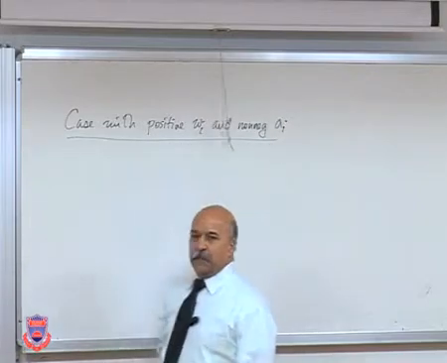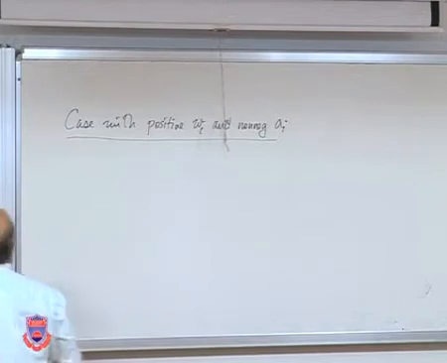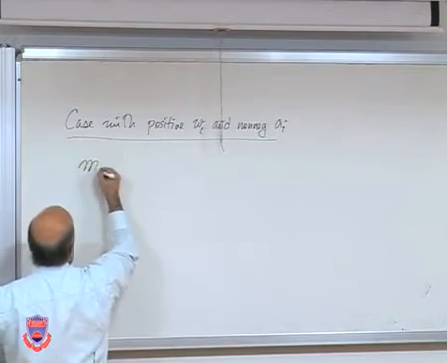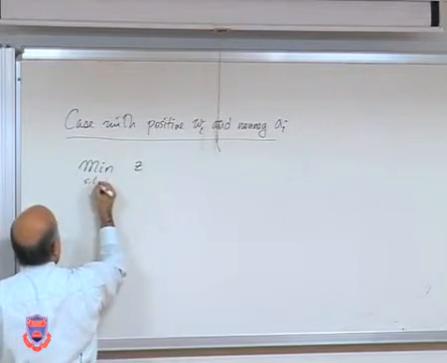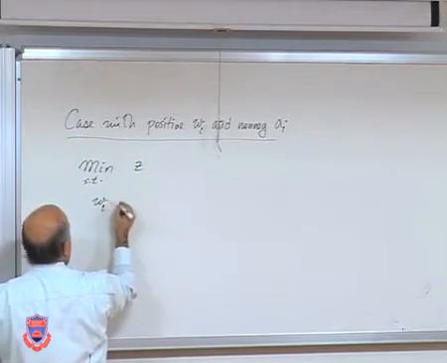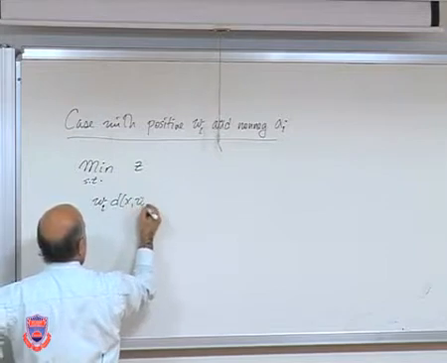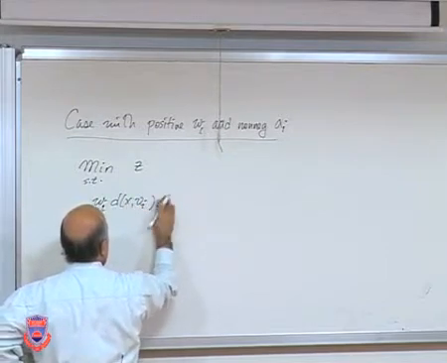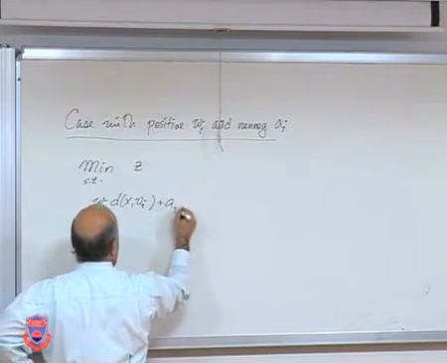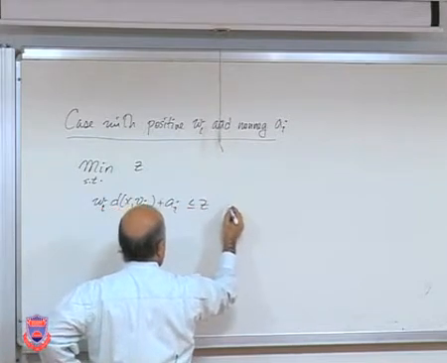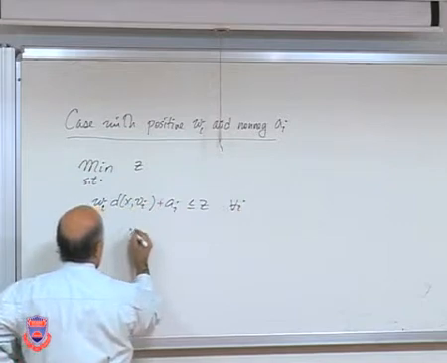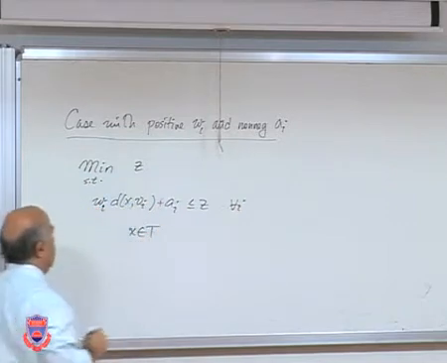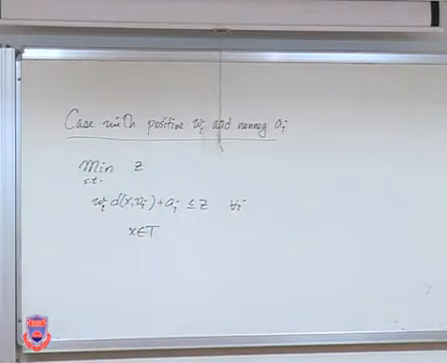So let's look at the general case now. In this case, our problem is to minimize z subject to w_i d(x, v_i) plus a_i less than or equal to z, for x being in the tree.